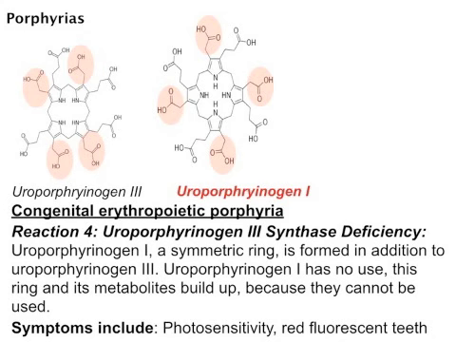Now, because this is a conjugated system of interspersed single and double bonds, this is a molecule that can absorb and emit light, and it gives rise to a red color, the same color that one sees in blood. Unfortunately, because this ring absorbs light under the skin, it causes lesions of the skin, photosensitivity, and it also can cause red fluorescent teeth.